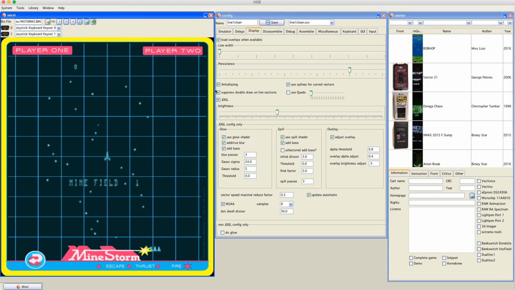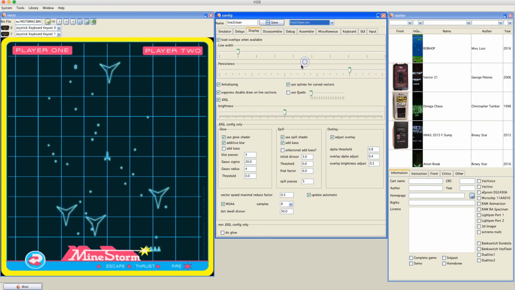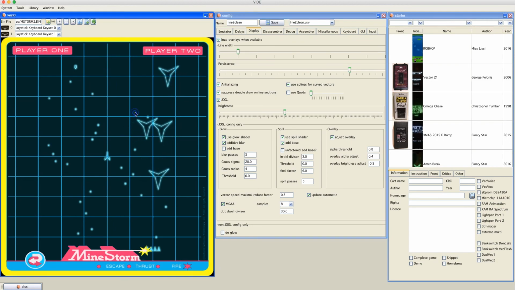This example here is my clean line 1, and I've also configured line 2. This is again a little bit brighter, and the lines are 1 pixel wider. So overall it's much brighter again.